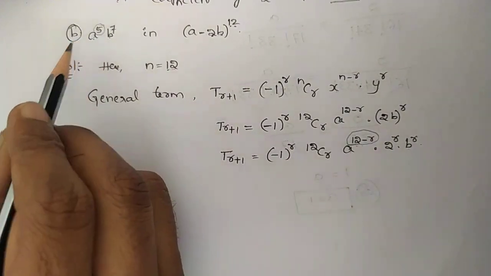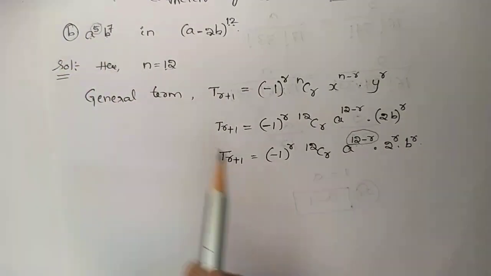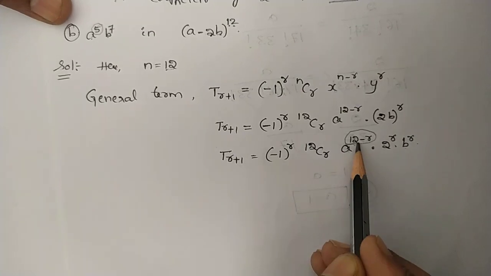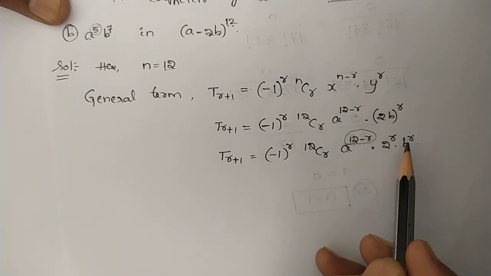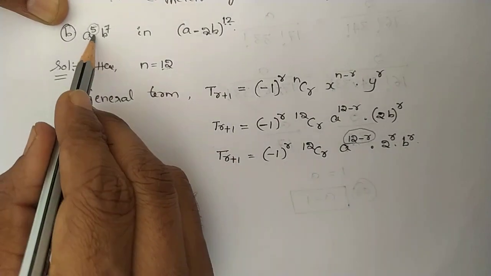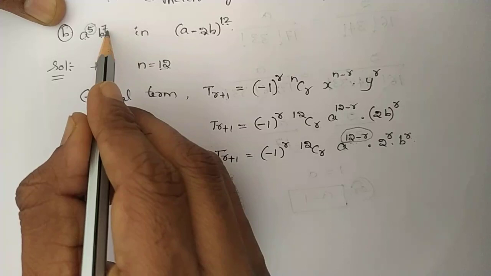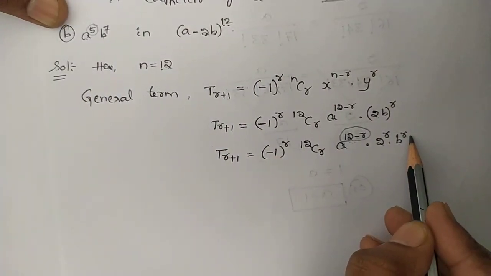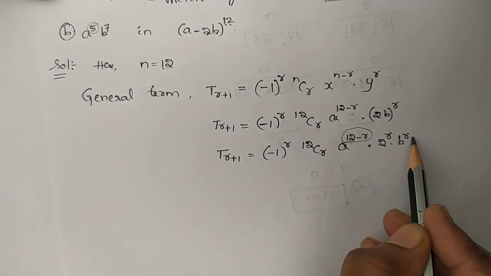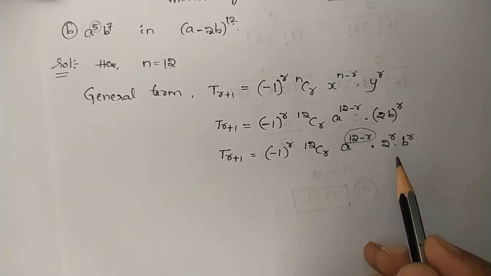What we need to find? The a power 5 coefficient, b power 7 coefficient. You can equate a powers or b powers. A power 12 minus r equals 5, or you can take b power r, b power 7 is there, so r equals 7. You can choose any one, that's your wish.